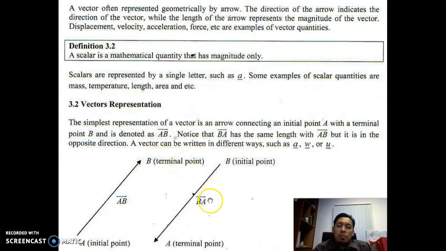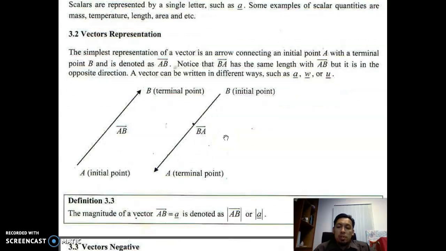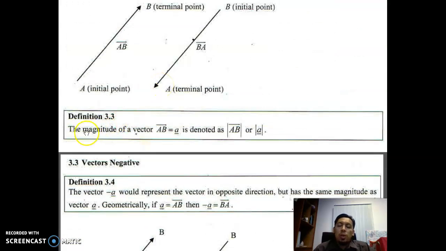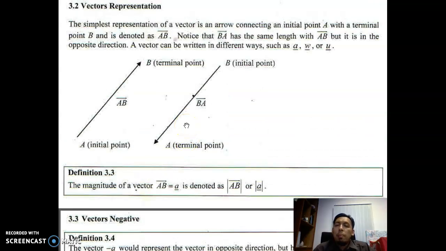When you change the arrangement like this, BA, now B becomes the initial point and A becomes the terminal point, right? So that is the vector representation, and later you're going to see that we calculate the magnitude of a vector. When we say magnitude of a vector, it literally means that we are going to calculate the size.